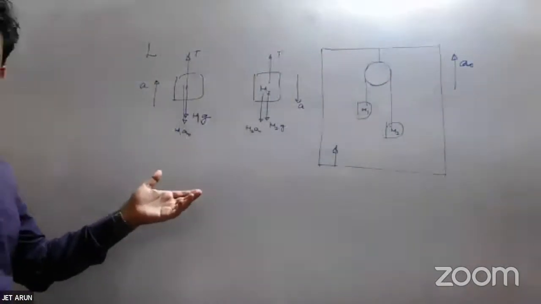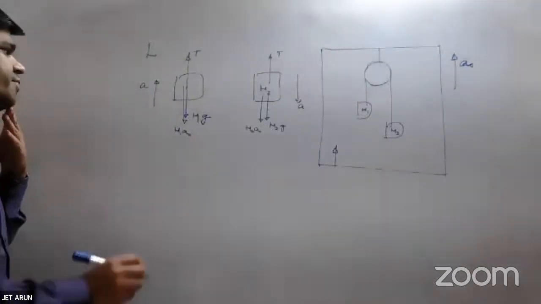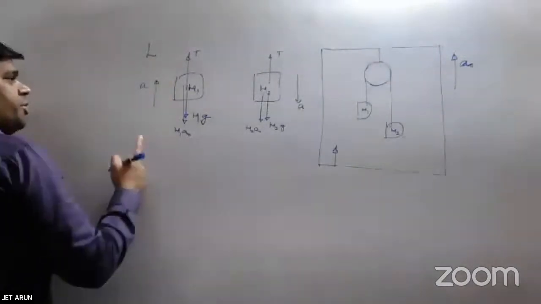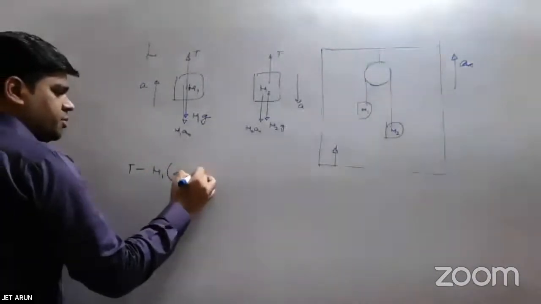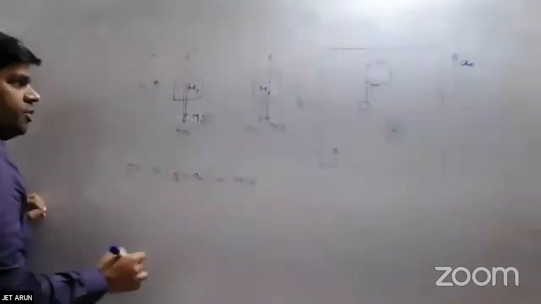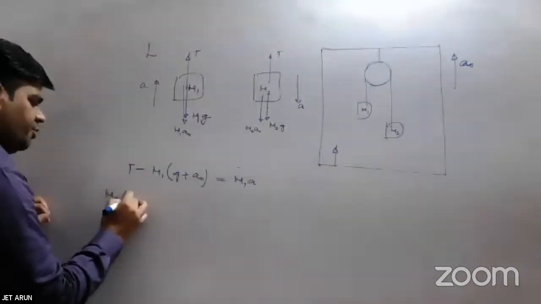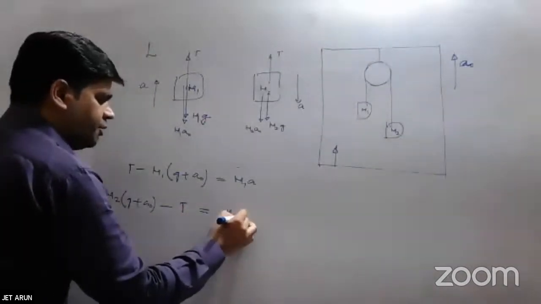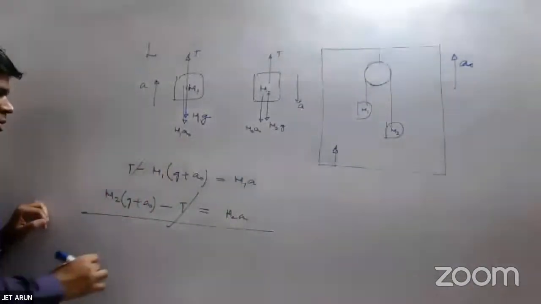Now all that remains is to write the equations of motion, Newton's equation for these particles. For particle 1, M1 is going upward, so tension is the supporting force: T minus M1 into G plus A naught is equal to M1 into A. For particle 2, I'll have M2 into G plus A naught minus T equal to M2 into A. When I add these two equations, T gets cancelled out.